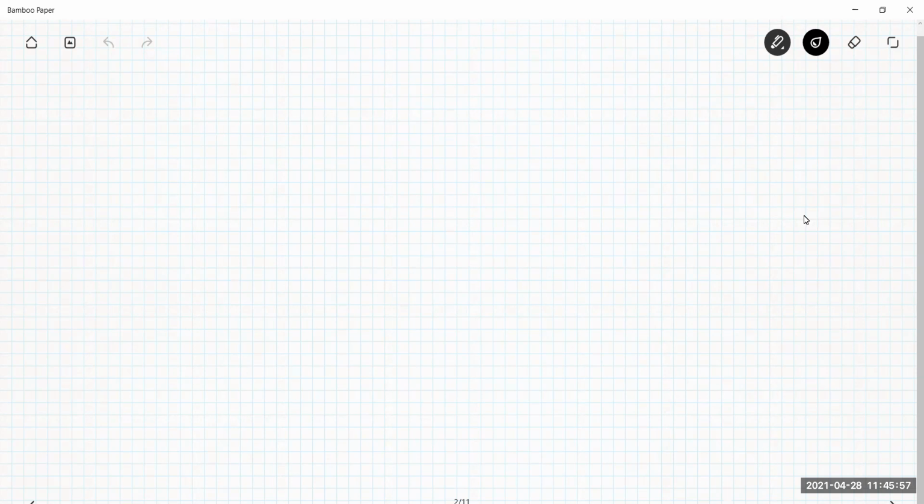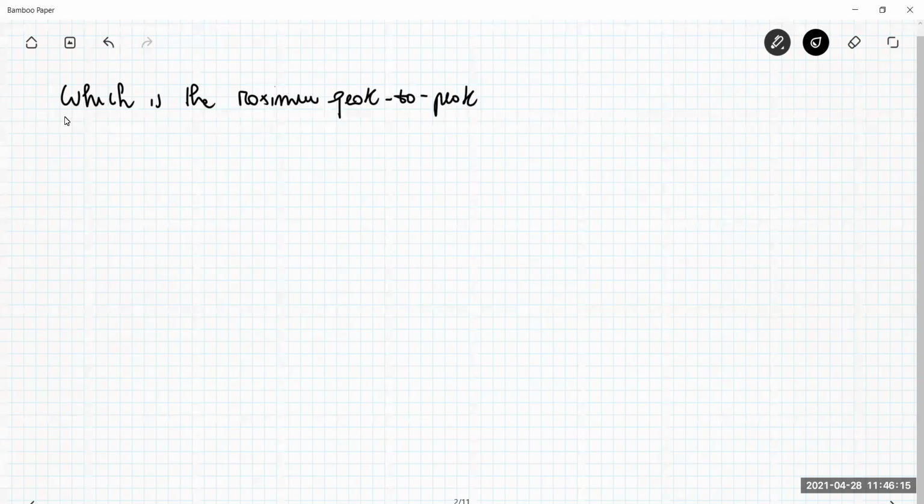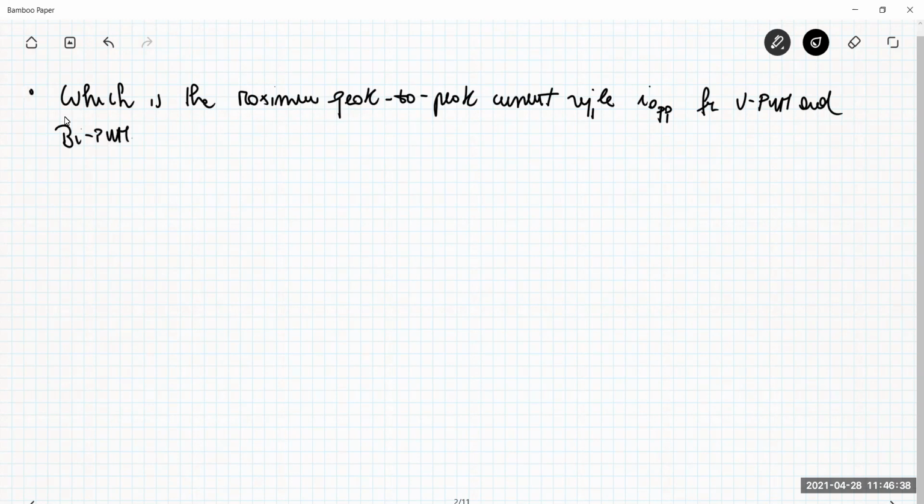Okay, so let's compute the maximum peak to peak current ripple, I naught peak to peak, for unipolar pulse width modulator and the bipolar pulse width modulator. Okay, this is our simple exercise.